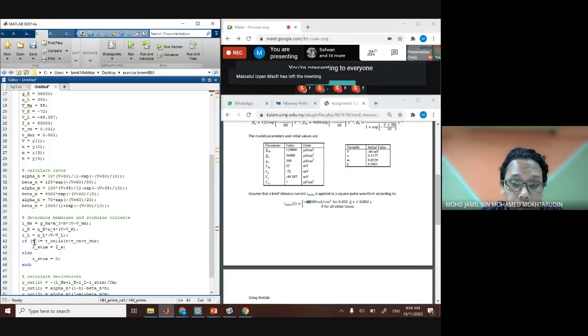So here T bigger than T on, so T on is 0.001 until T less than T on plus T dur. So T dur is 0.001. So if you add together, then it's correct, okay, 0.002.